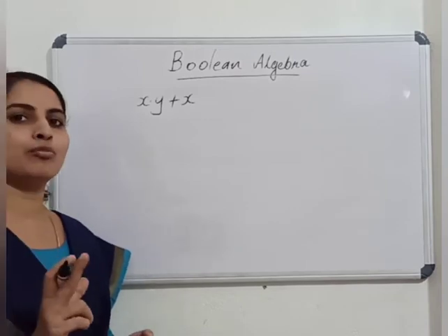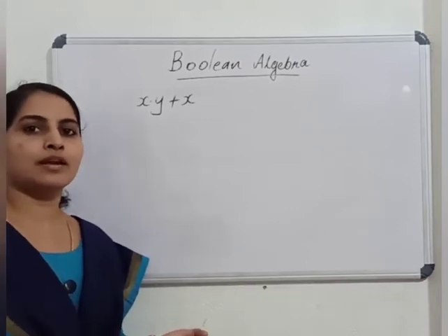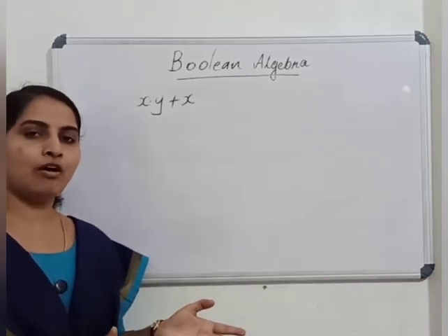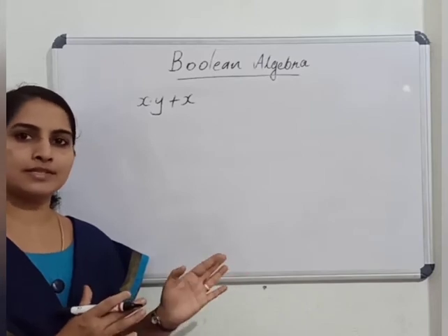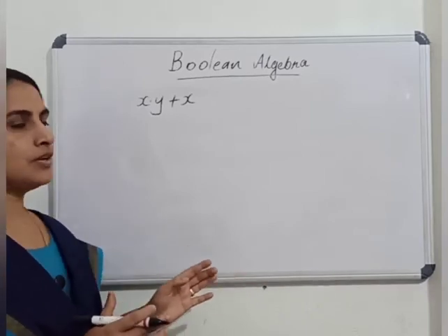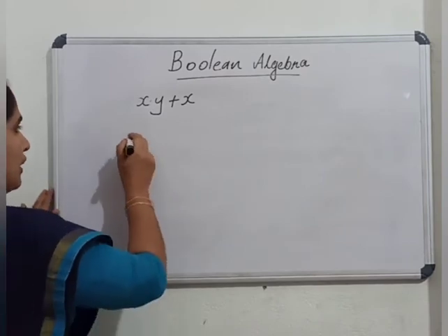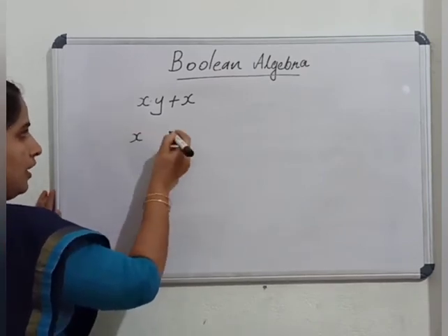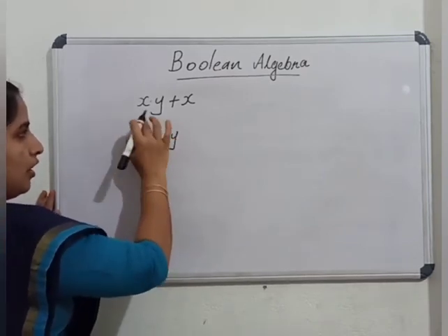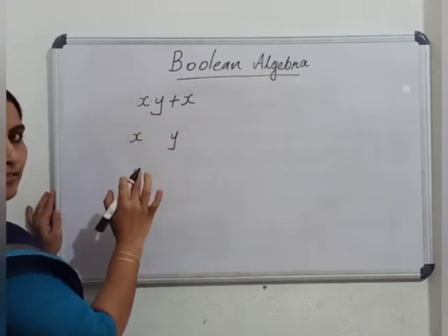There will be only one output in every truth table. Then as many combinations of the variables are there as the input of the truth table. So you decide it first. One column for x and one column for y. How many different variables are there? x and y only.